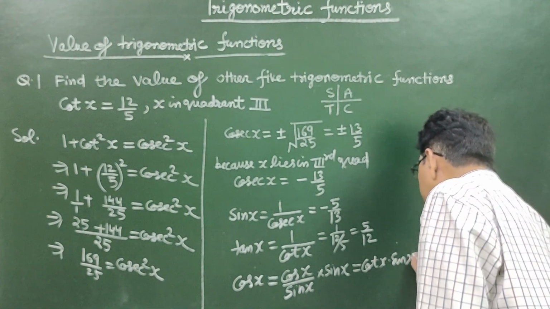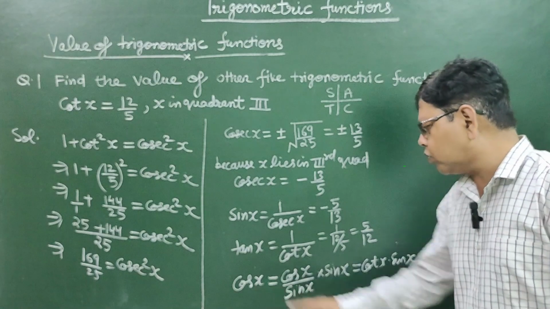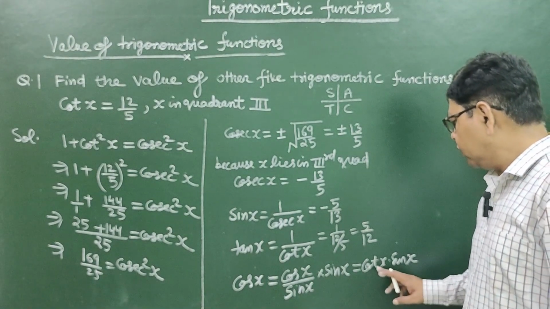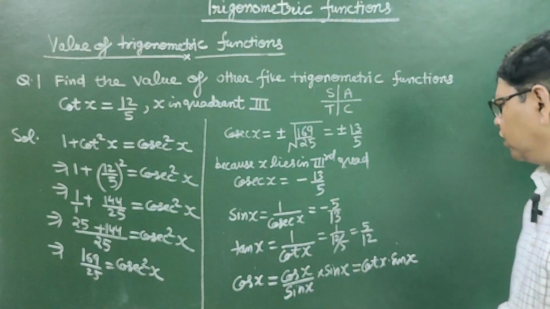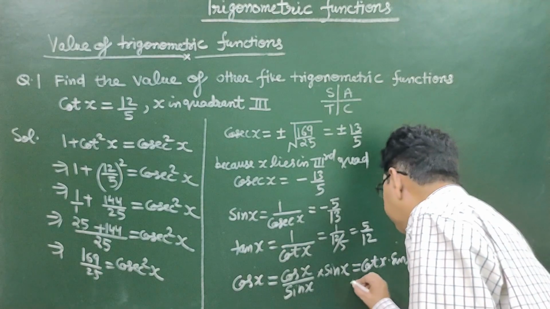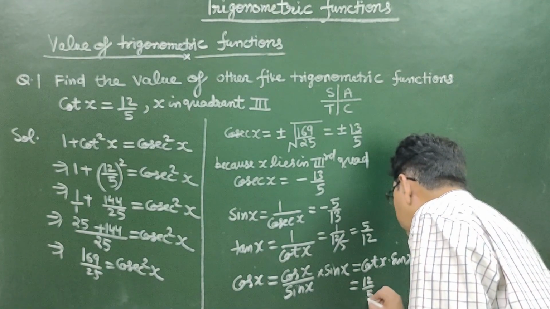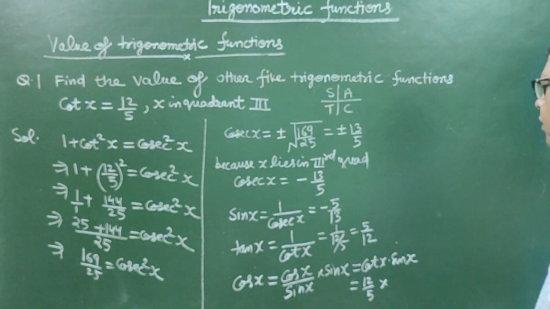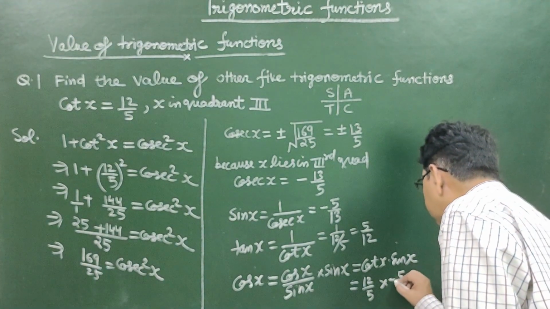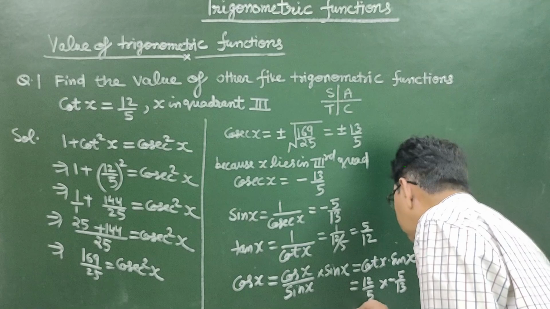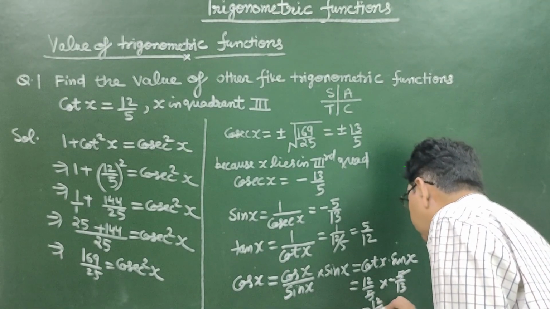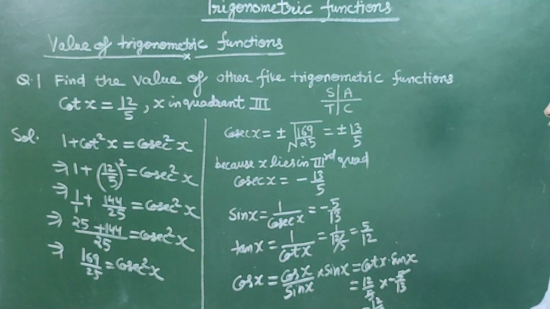By doing this, we have converted cos x into such an expression in which we know cot x, we know sin x. Cot x is already given 12 upon 5 into the value of sin x we have calculated, minus 5 upon 13. So this 5 and 5 is cancelled here, minus 12 upon 13. So we have got the value of cos x.